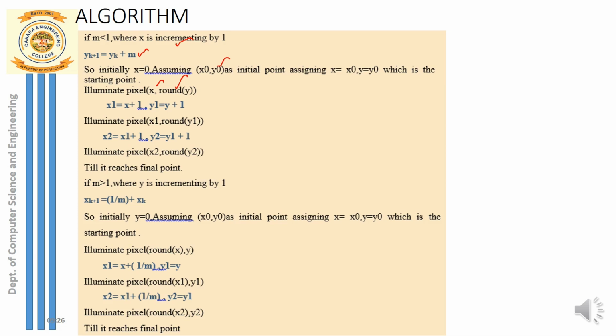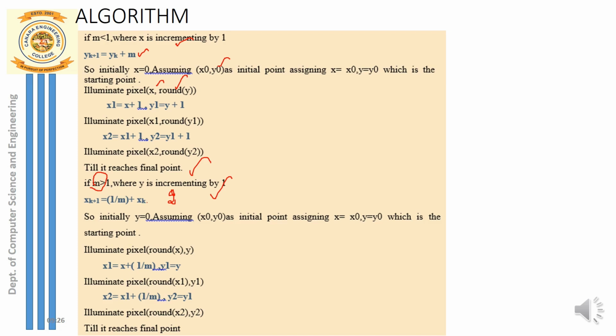Every time you're going to increment x as well as y by 1, and continue the steps till you reach the last end point. This is the first case. The second case is when the slope is greater than 1. When the slope is greater than 1, all that you have to do is increment y by 1, not x.